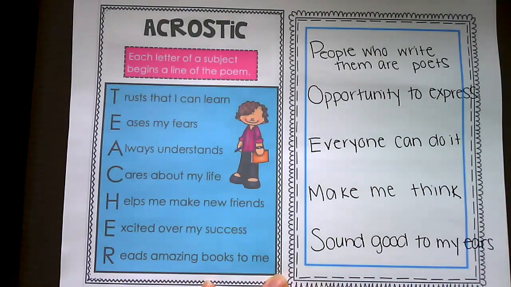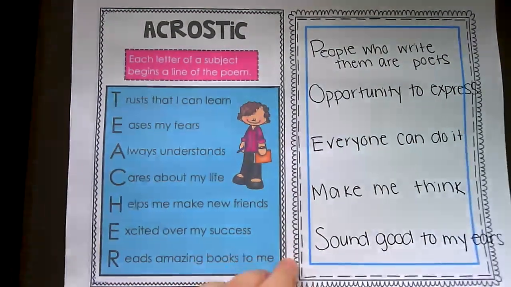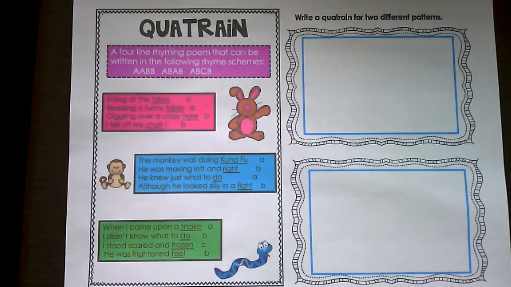All right? So, when you get your acrostic poem sheet, you can go ahead and practice in this space as well. So, going over to quatrain poems, these are probably some of the most recognizable poems. A quatrain poem is a 4-line rhyming poem that can be written in the following rhyme schemes.